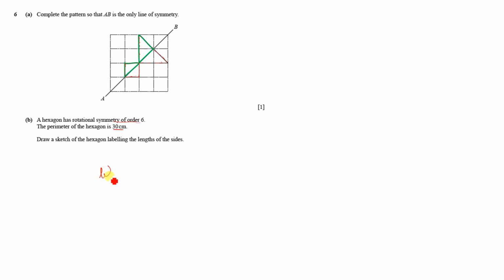let x be the length of one side of the hexagon, then 6x is equal to 30. x is equal to 5 centimeters.